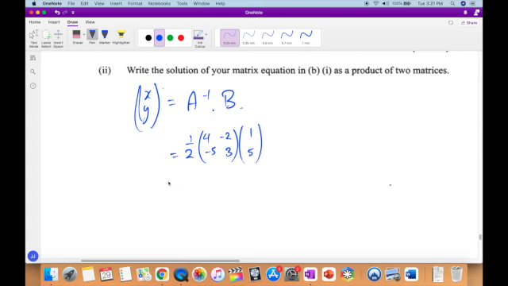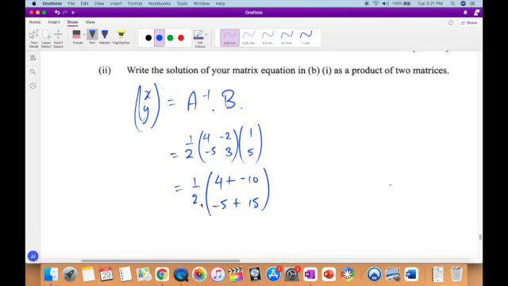And now I could do this multiplication here. So 4 1s are 4, plus 5 2s are 10, -10. And 5 1s are -5, plus 5 3s are 15.